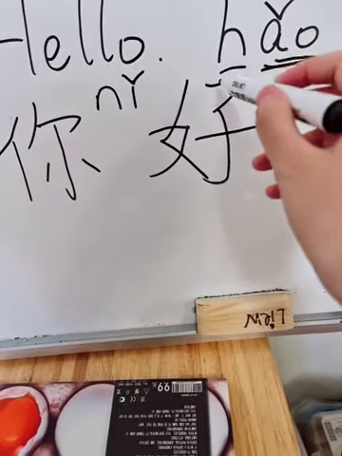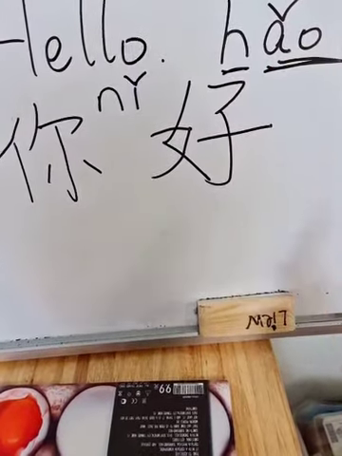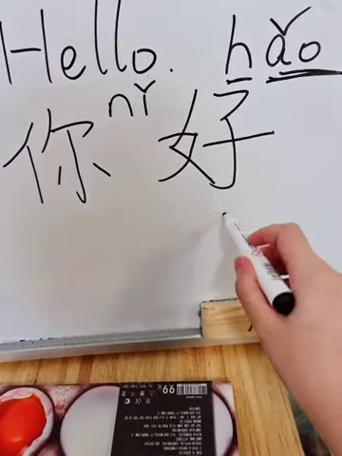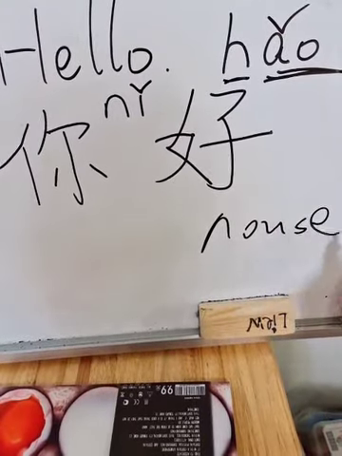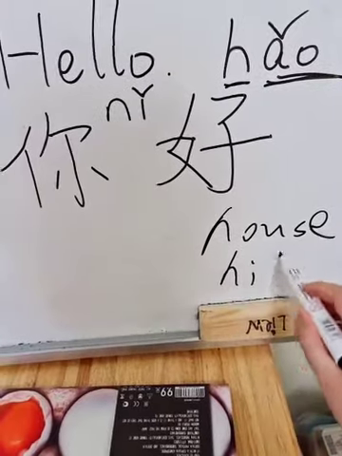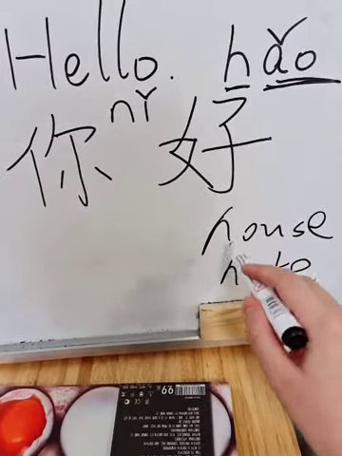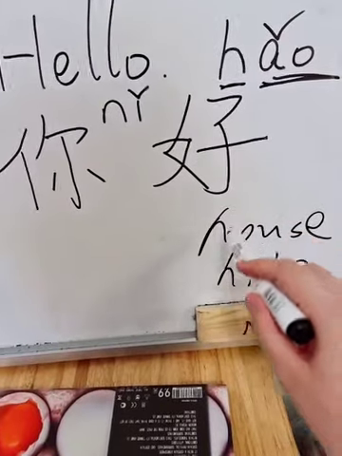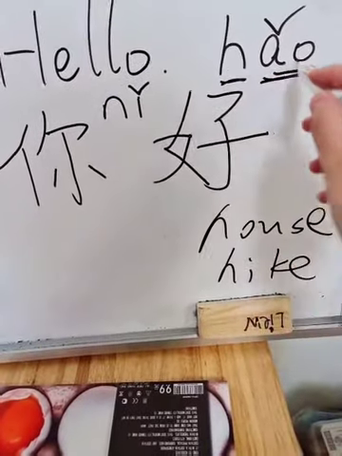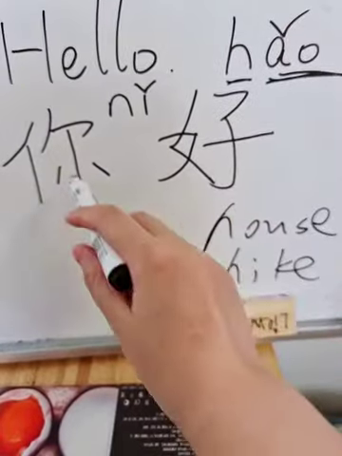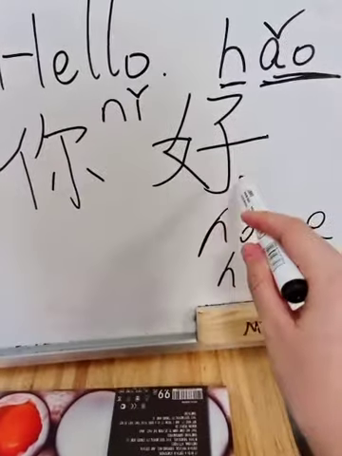If you cannot remember this is hao, you can think about English. When we say house, hike, it's also pronounced like hao. It's H, but it's hao pronunciation. Okay, 你好, 你好.